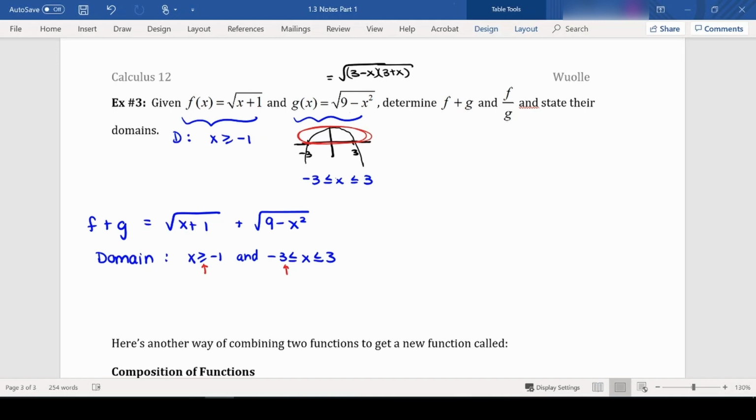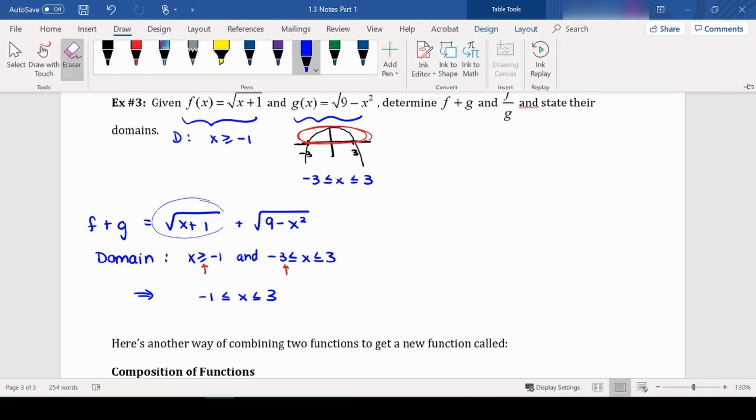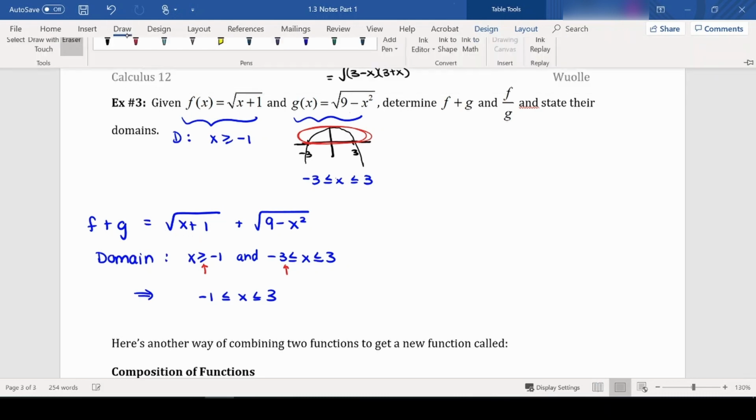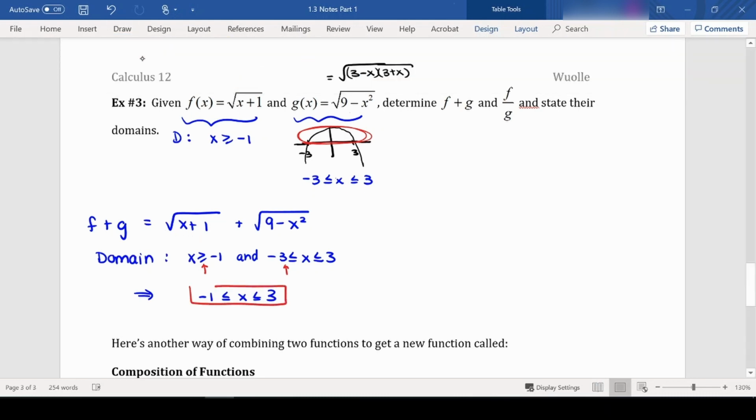So I'm going to take the most restrictive of the domains. So the smallest number I can have is -1, and I would go up to 3. And the reason I'm going to choose the -1 is because if I chose -3, if you plug -3 into this root, it doesn't work. If I plug -2 into this root, it doesn't work. So you always are going to pick the more restrictive of the domains.